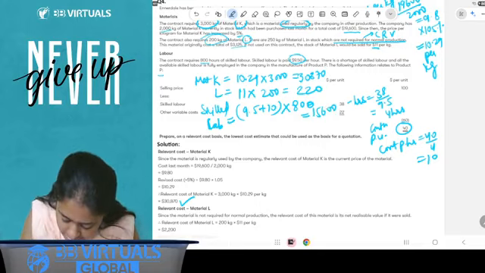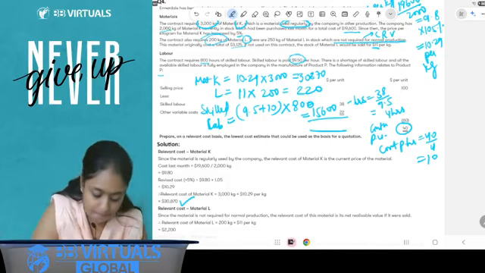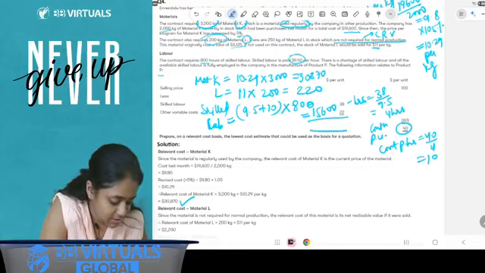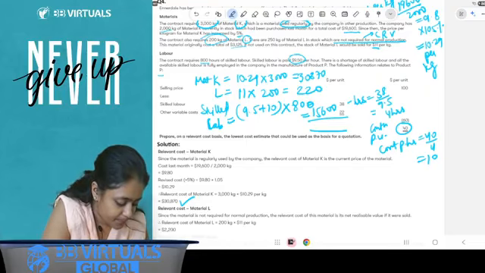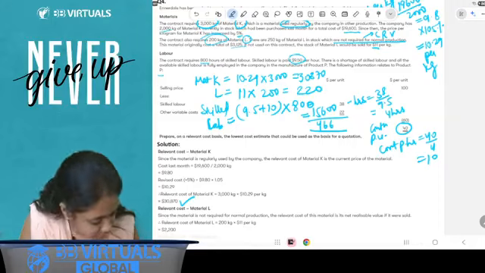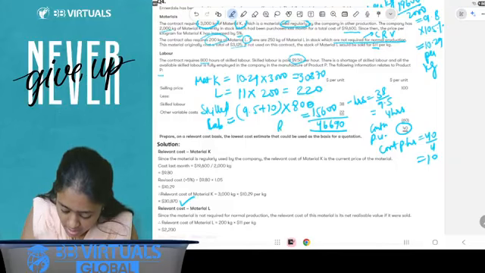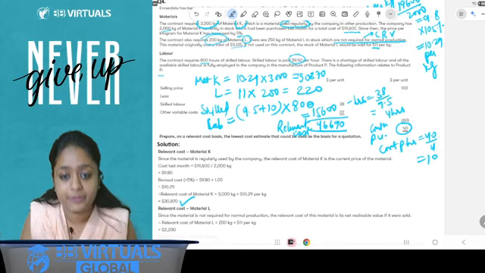No other cost is there. So my relevant costing would be 15,600 plus 30,870 plus 220. So I get 46,690 is my total relevant cost. I hope now the concept is absolutely clear.